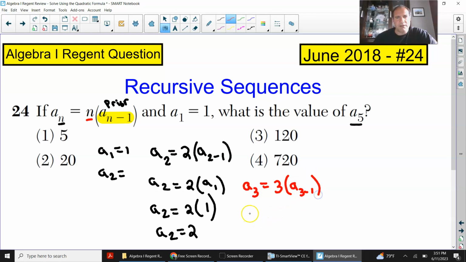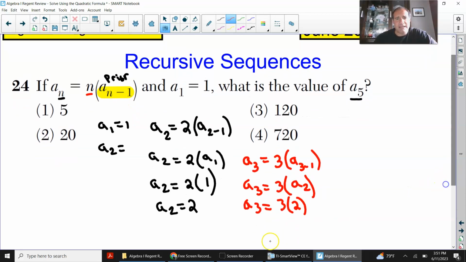So a sub 3 equals 3 times a sub 2. We already have a sub 2, which is 2. So a sub 3 equals 3 times 2, and a sub 3 is 6.